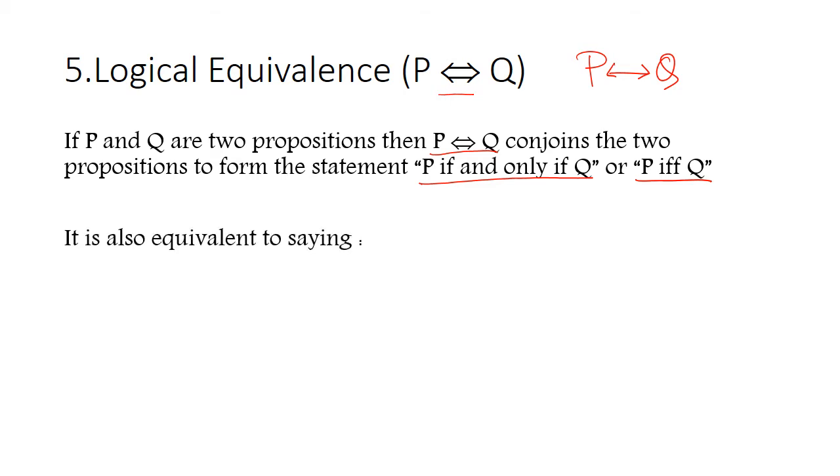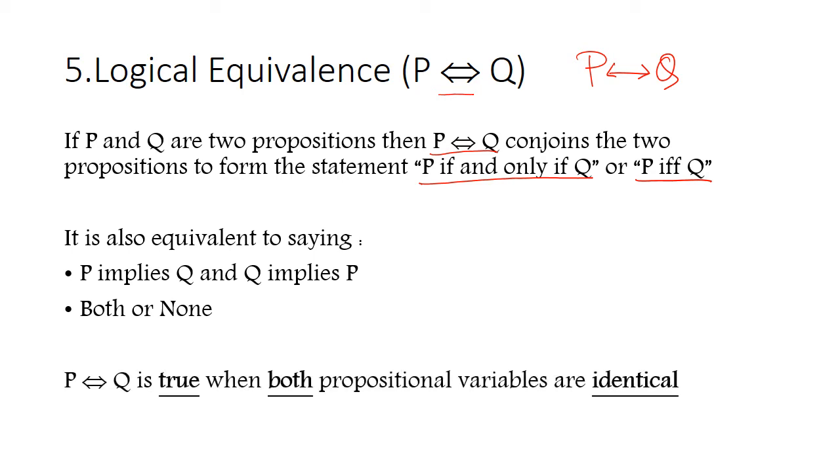It also means that if P implies Q, then Q also implies P, or either both are there or none are there. So what do we derive? That P equivalent to Q is true when both the propositions have the same identical truth values.